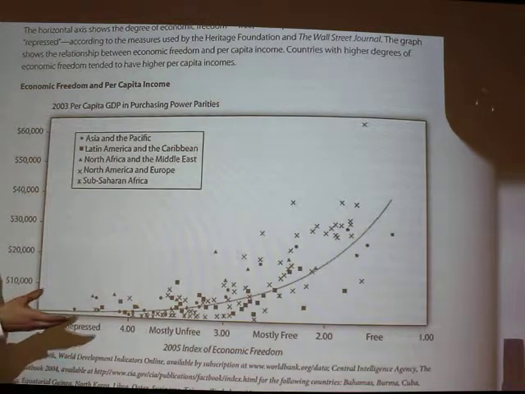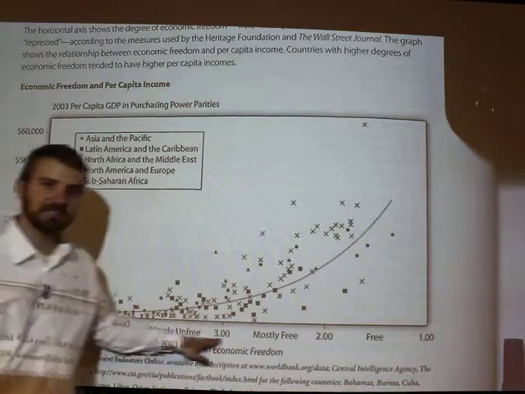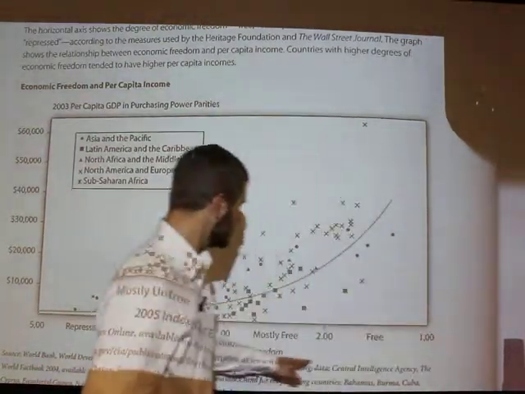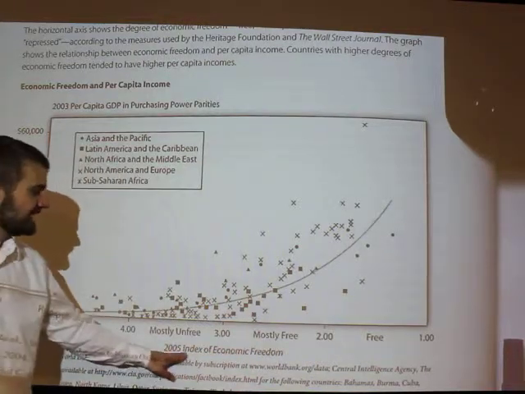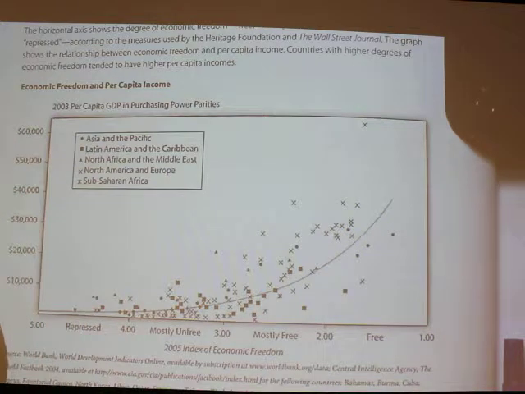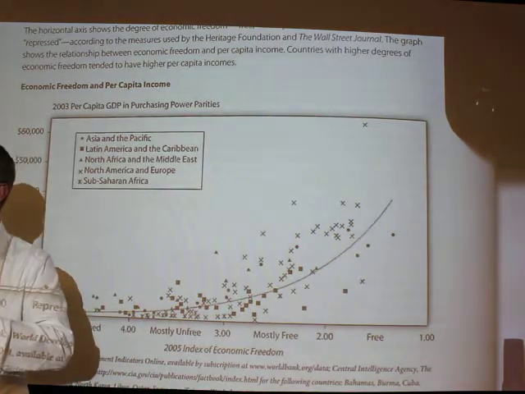This scatter plot shows two variables. On the x-axis, the horizontal axis, you have an index of economic freedom. There's an organization called the Heritage Foundation that ranks countries based on how close they are to market capitalism.